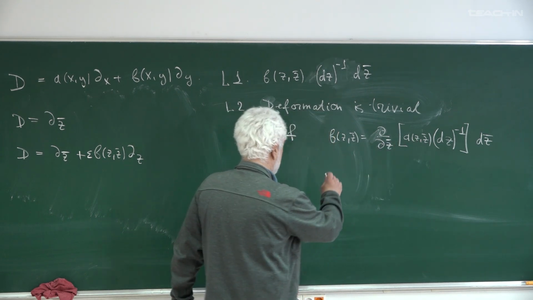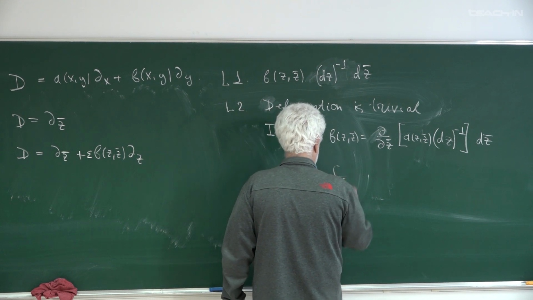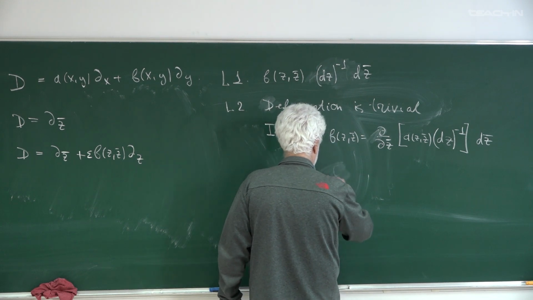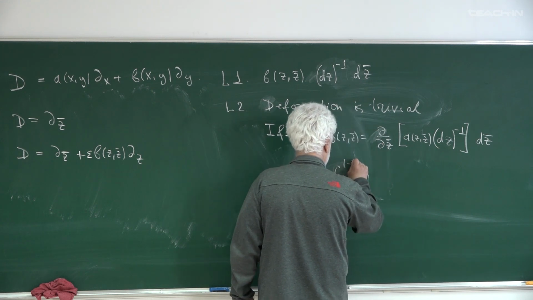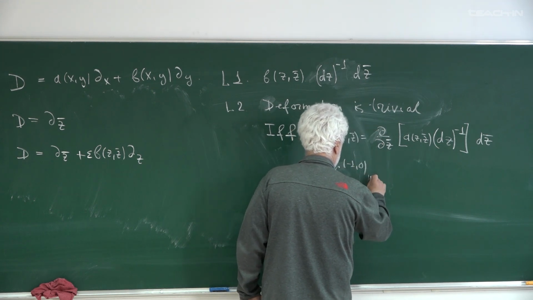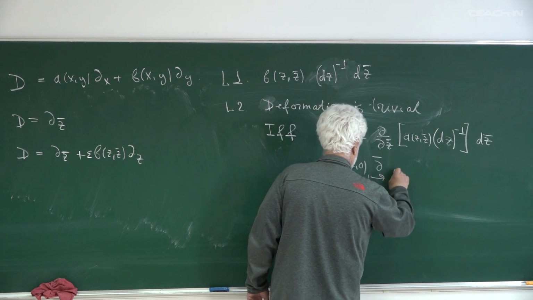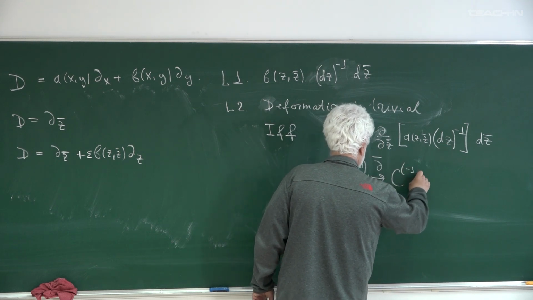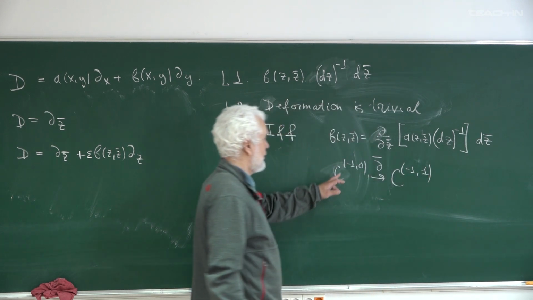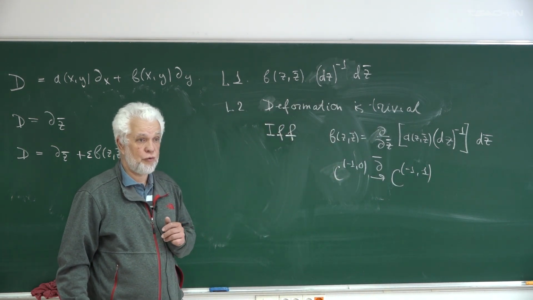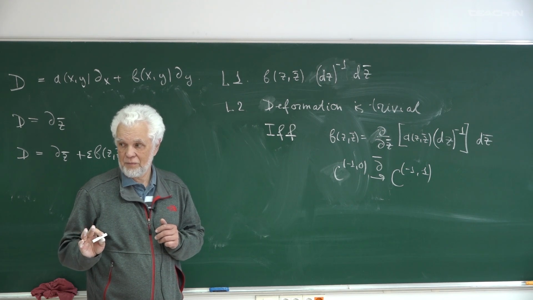Therefore, we have the space C0, D bar, such a D bar operator. It's called the Dolbeault operator. You see.